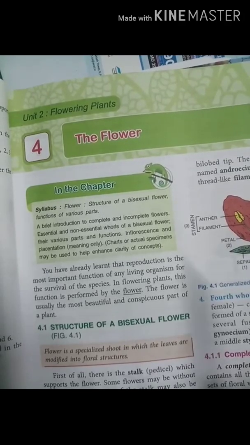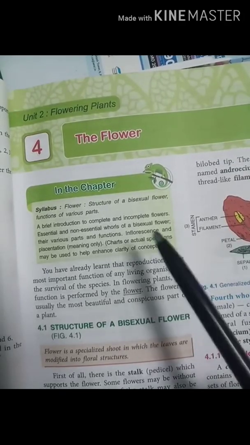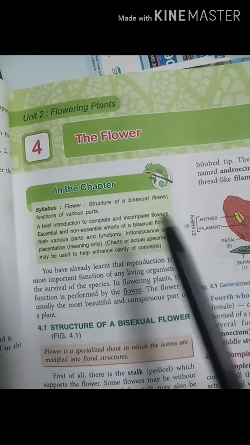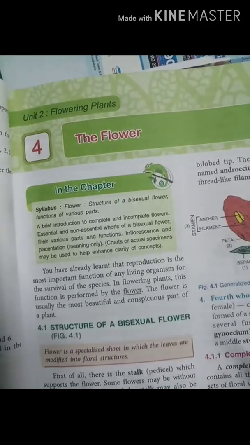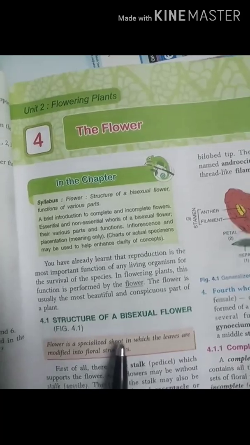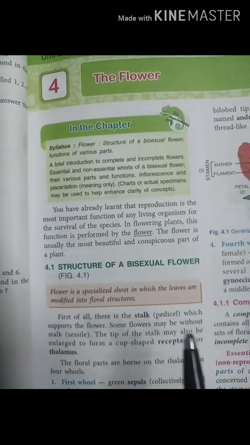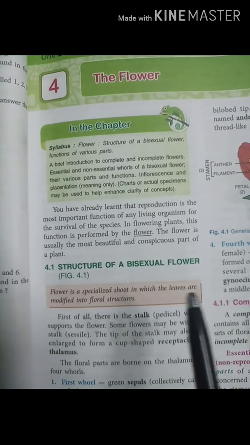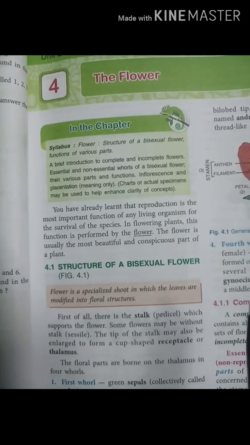Today we'll start the revision of a new chapter, chapter 4, the flower. First of all, we will define what a flower is. A flower is the most beautiful, conspicuous, as well as reproductive part of a plant.